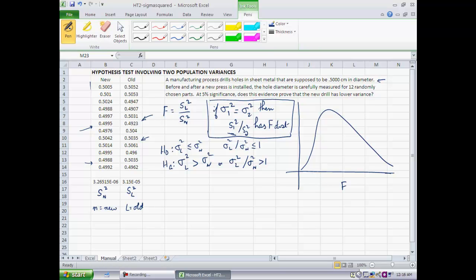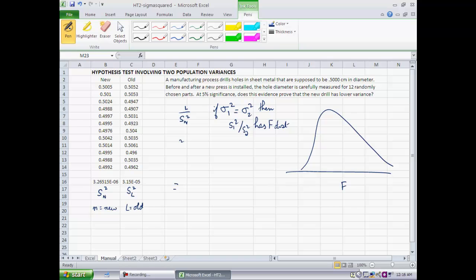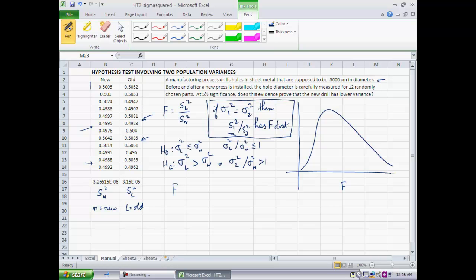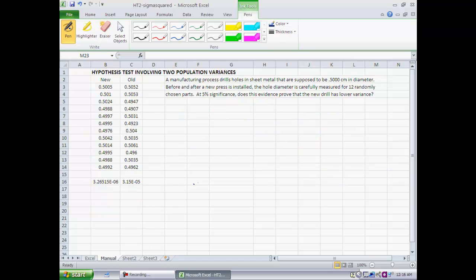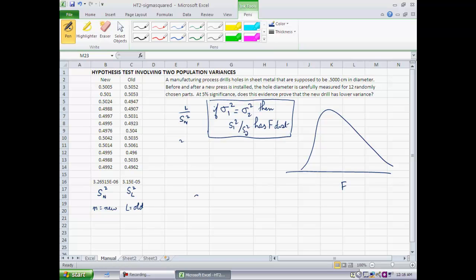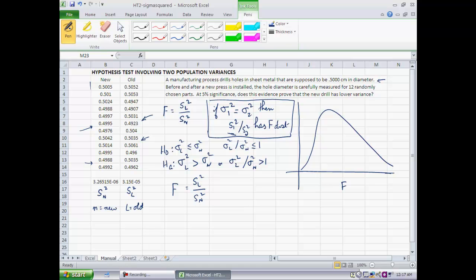So to check our hypotheses, what is the statistic that we're going to look at? We're going to look at the F ratio, which is simply SL squared divided by SN squared. Notice that we have deliberately structured the ratio in such a way that the higher variance is in the numerator.